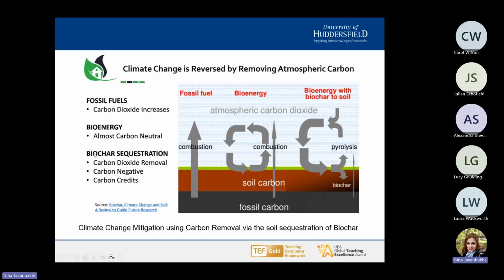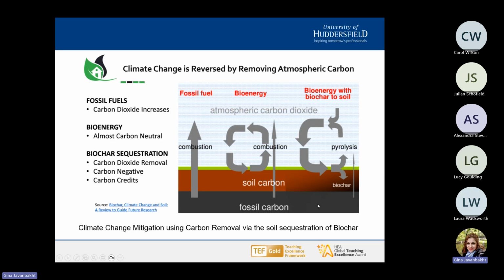As I mentioned, biochar is one of the products of the pyrolysis process. We love biochar because it can capture CO2. It's carbon dioxide removal. So using the pyrolysis method, we are going to go carbon negative, not even carbon zero, carbon negative.